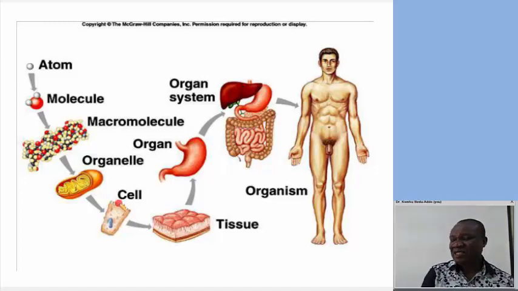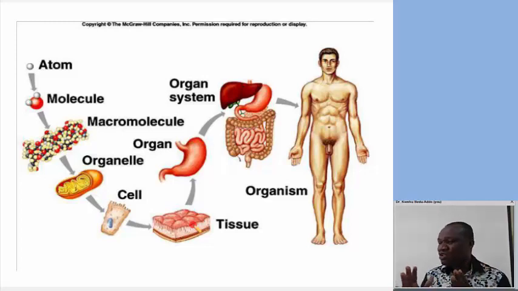The next level is the tissue level, and the tissues are made up of cells which are similarly structured and come together to perform a particular function. And I mentioned there are different types of tissues. We have epithelial tissue, connective tissue, nervous tissue, and muscular tissue.